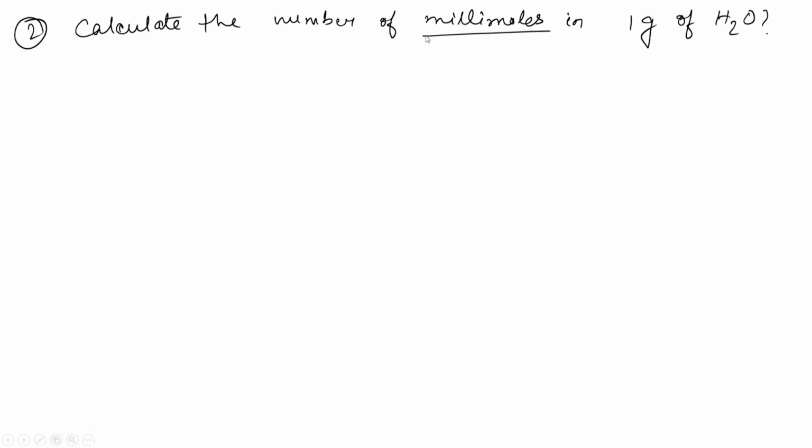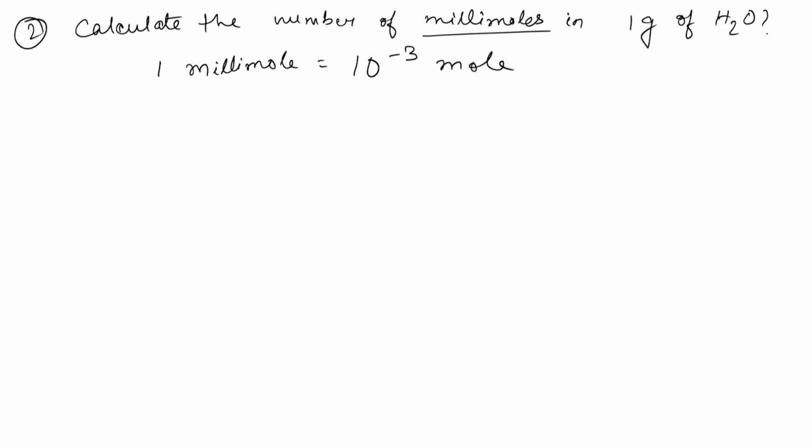What is millimoles? We have learnt about the multiples and submultiples of units. So, 1 millimole is equal to 10 to the power minus 3 mole. Okay. So, basically we have to find the number of millimoles in 1 gram of water.